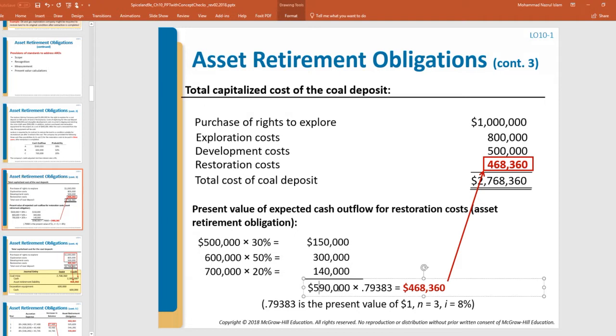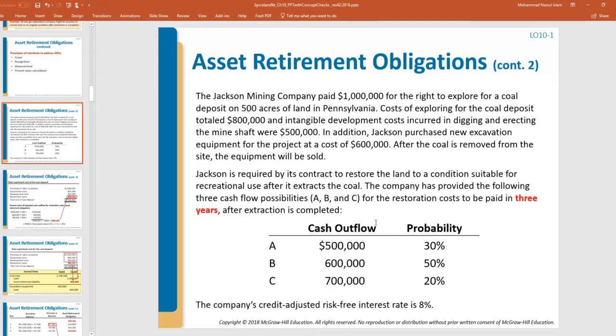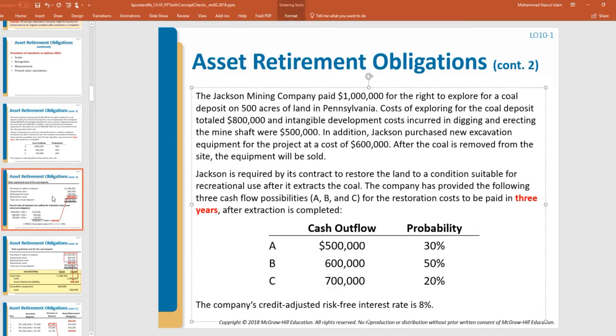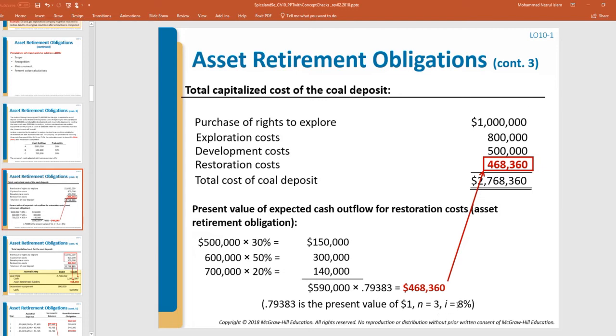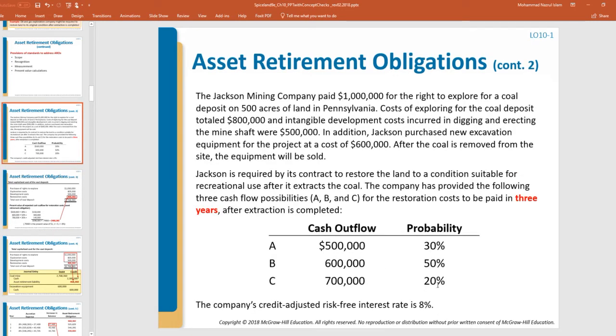So total is 590,000, and we will multiply this one with the 3 years interest factor. Okay, so this is the present value of $1, n equal to 3, because you can see that this is the 3 years, so that is why n equal to 3, and i equal to 8%, where i means interest rate. Okay, let me show you how to calculate.